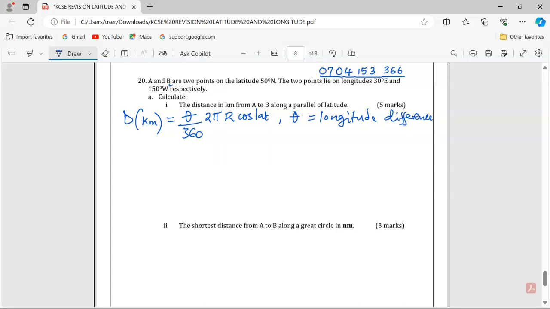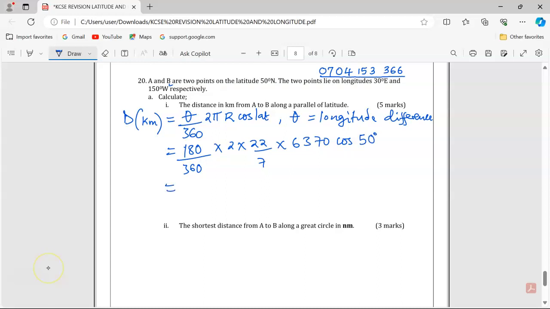Therefore, we will be talking about longitude difference, which is our data, from 30 degrees east all the way to 150 degrees west, means a longitude difference of 180. Because they are on opposite sides of the prime meridian, we add the longitudes to get the longitude difference. 180 out of 360, multiplied by 2, multiplied by pi, 22 out of 7, multiplied by the radius of the earth, 6370 kilometers, cosine of the latitude where the two places are, that is latitude 50.